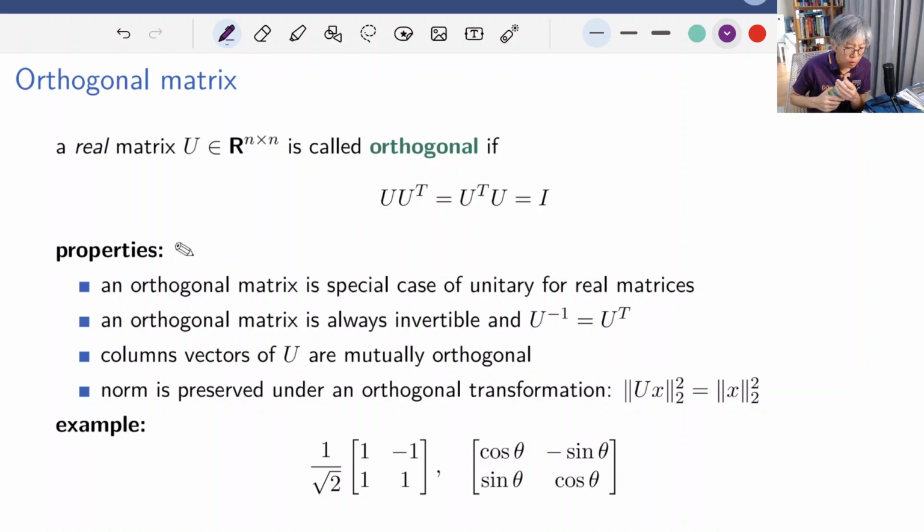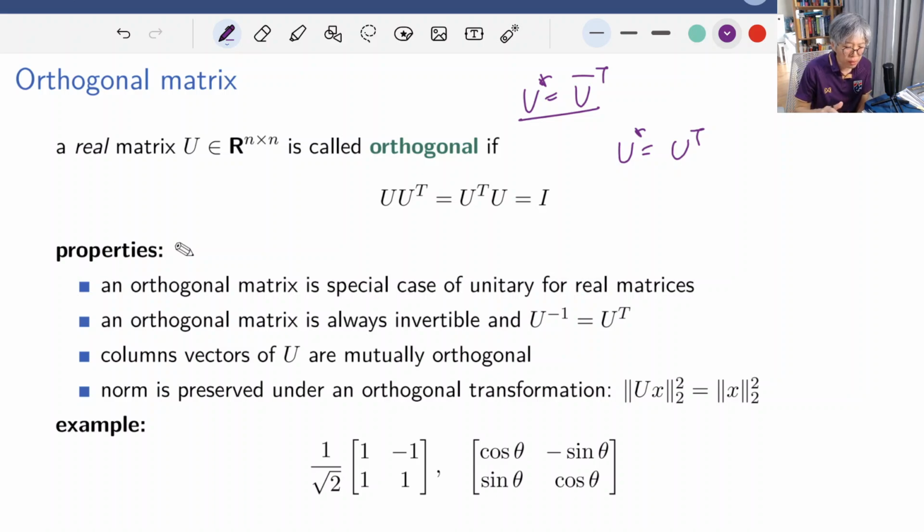If you scope down to the set of real matrices, when everything is real, U star, which is supposed to be the complex conjugate transpose, is simply U transpose.